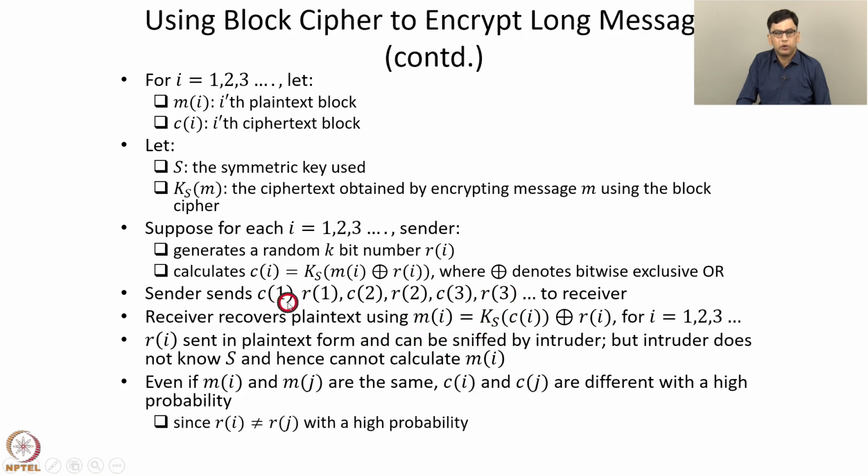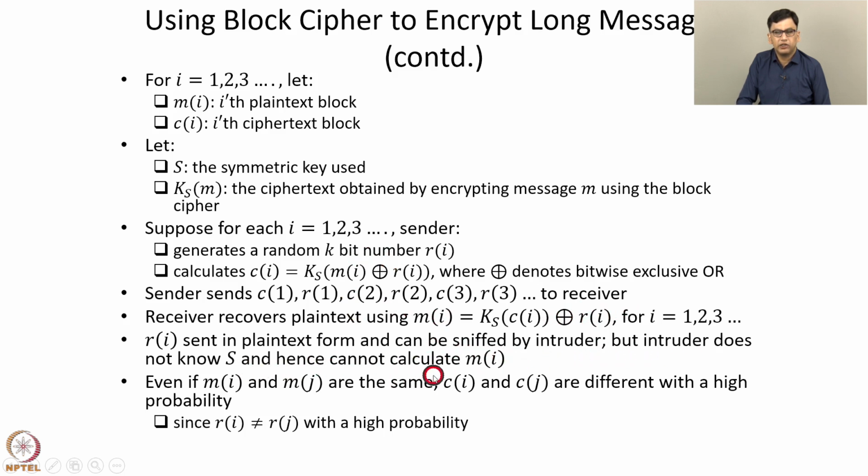Now let's go back to the problem of identical plaintext blocks mapping to identical ciphertext blocks in ECB. In this scheme, even if the two plaintext blocks mi and mj are the same, because of these random strings that are XORed into the plaintext, Ci and Cj are different, even though mi and mj are the same.